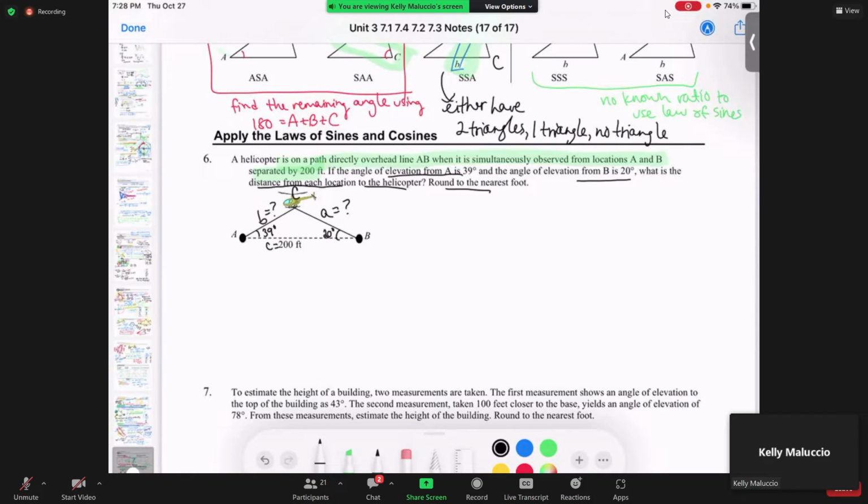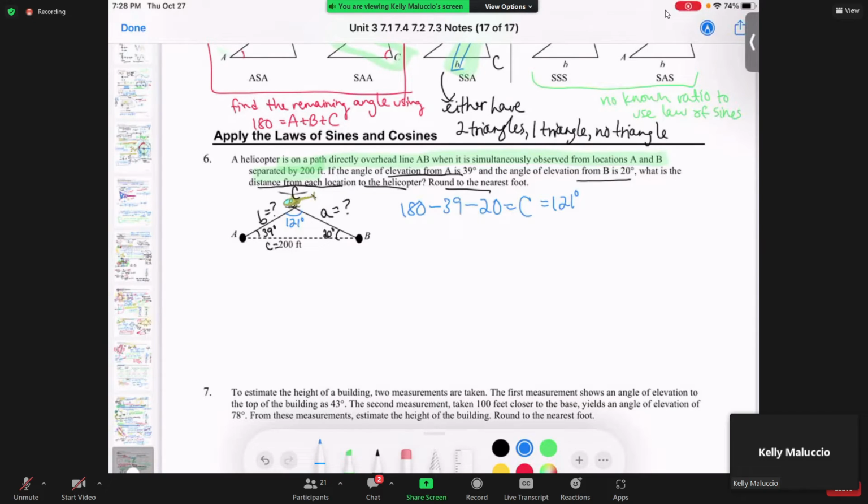If we want to find these, luckily they gave us two angles. So we can just do 180 minus 39 minus 20 to get big angle C, which should be 121. It definitely helps to label your triangles as you go, because I've gotten confused if I don't.